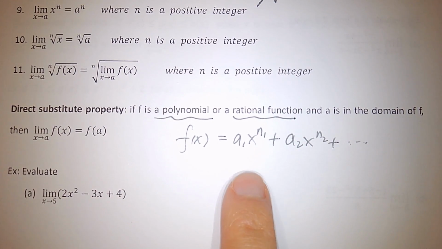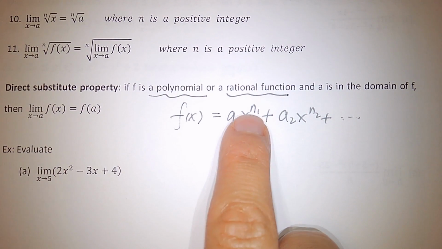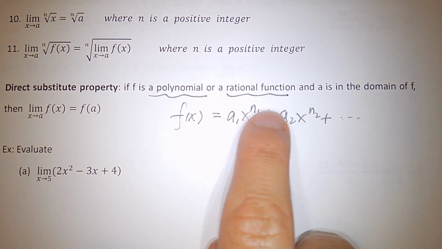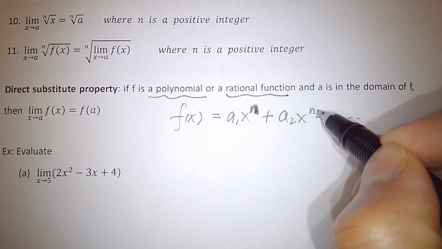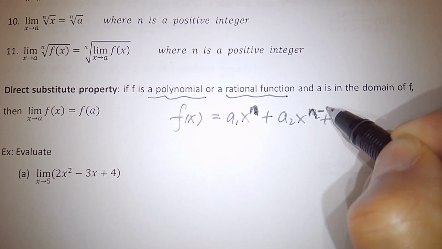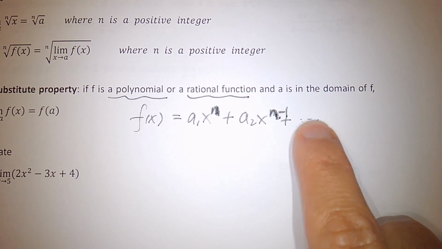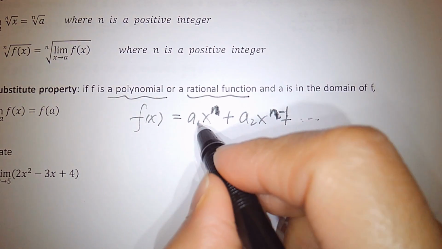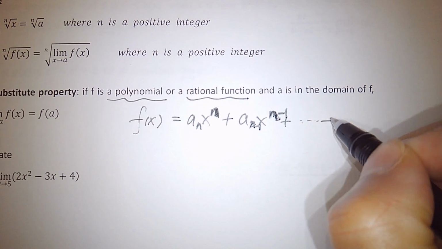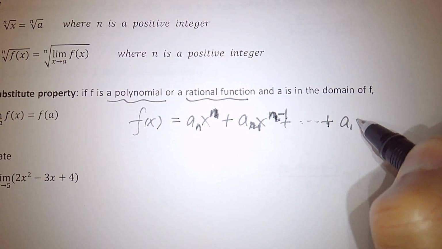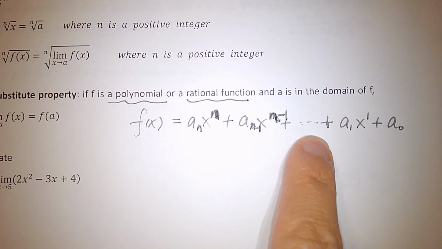This type of function is called a polynomial. I'm going to write it like this: this is not n1, this is n. This n2 is n minus 1. And then the next term is a3 times x to the n minus 2, and so on, plus a1 x to the first power plus a0. So this is a polynomial function.